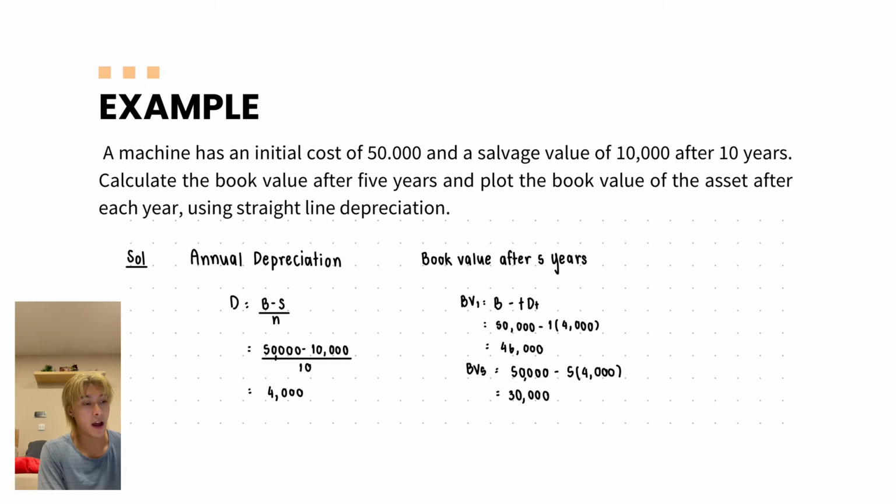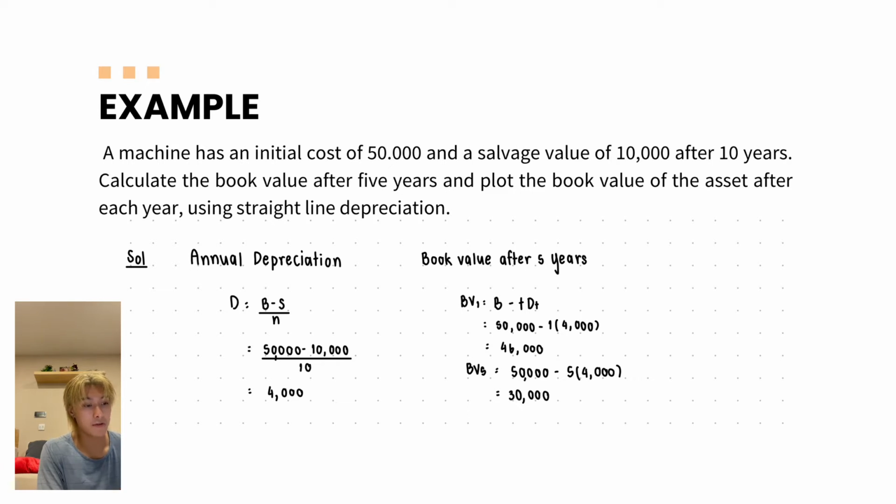First, we set annual depreciation, whose formula is D equals (B minus S) over N. Since our B is 50,000 and our S is 10,000, and we divide by our years, which is 10 or N, we got the value of 4,000.